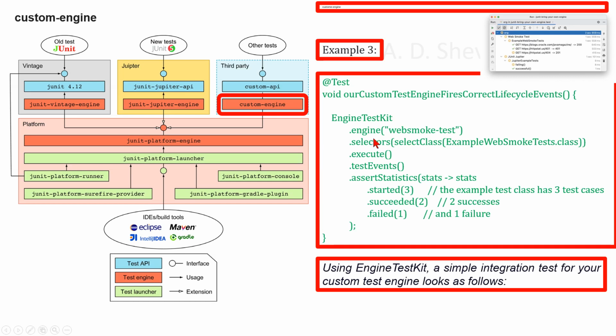Here, selectors adds all the supplied discovery selectors. The execute method executes tests for the configured test engine, discovery selectors, discovery filters, and configuration parameters, and returns recorded test engine execution results.